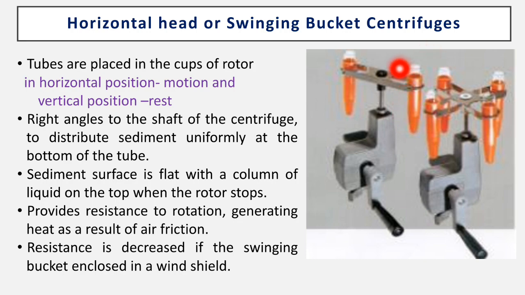So in the resting position they are in the vertical position, parallel to the shaft. This is the motor shaft, so they are parallel to each other. So this is the vertical position in the resting phase.